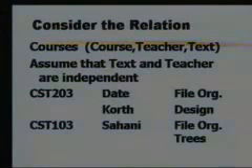One such example happens to be the example of a course relation. For simplification, we are just considering three attributes: course, teacher, and text. Okay.